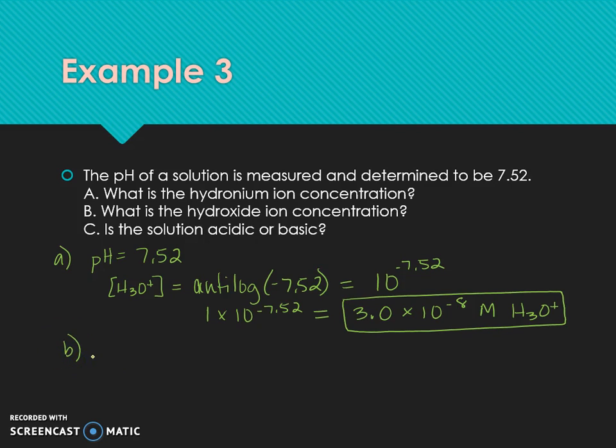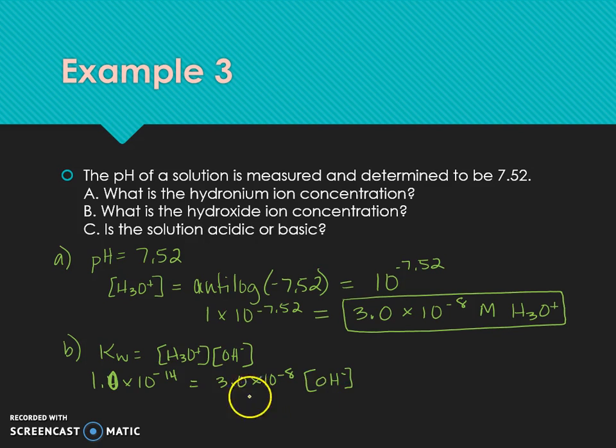Now, in order to figure out our hydroxide ion concentration, we'll just use our Kw, H3O plus, and OH minus. We plug in for Kw, which is 1.0 times 10 to the negative 14th, and that's equal to 3.0 times 10 to the negative 8th, all times the OH concentration.